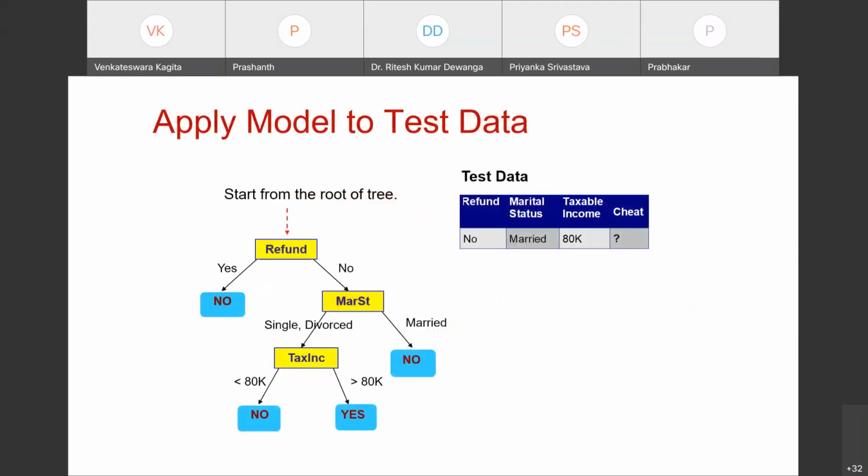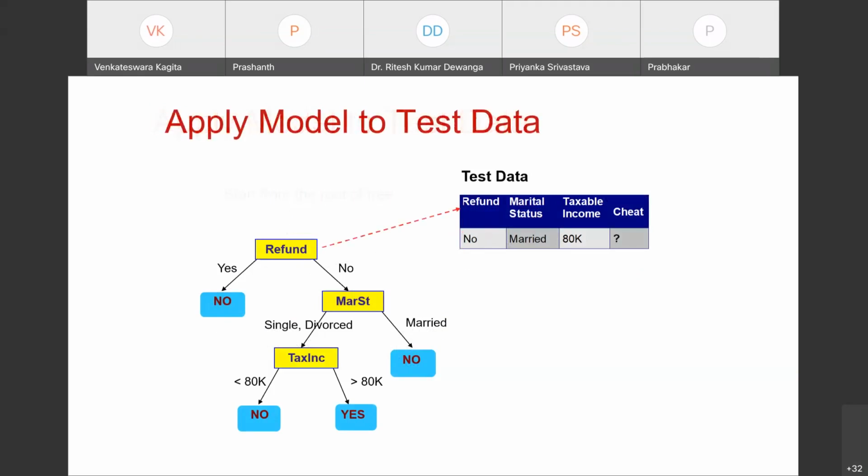So how do we apply the test data once we construct the decision tree? We'll see that first, and then we'll see how to construct a decision tree. We start from the root node and check the attribute. At the root node we have the refund attribute, and refund is taking the value no in the test data. So we follow the no path.